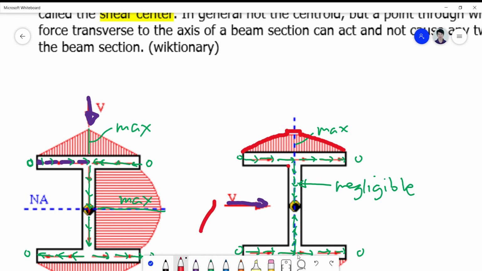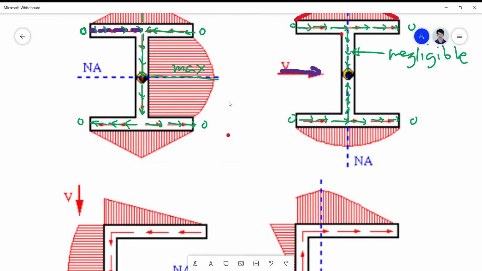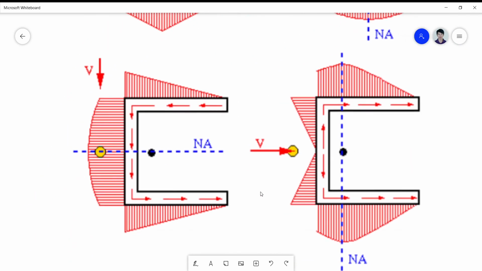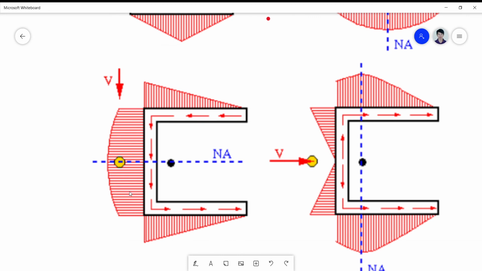So for a channel section, since it has one axis of symmetry, okay, the shape of the stress diagram, the shear stress diagram, is a little bit different.